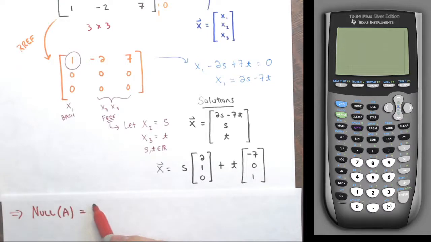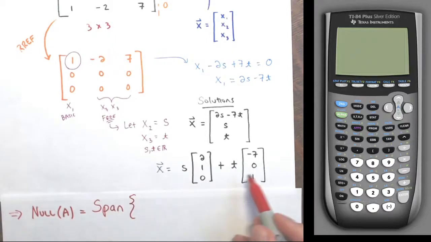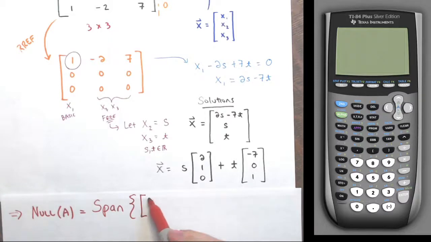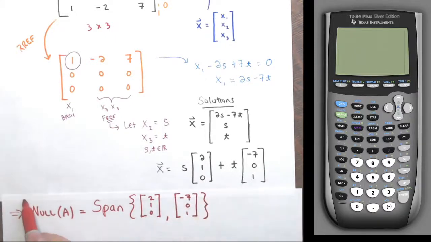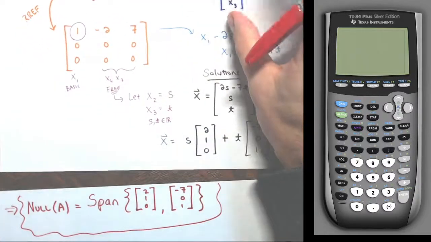And it's all linear combinations of 2, 1, 0 and negative 7, 0, 1, or again the span of the set with these two vectors. Right? So again, got that. That's the first part with the null space of A.